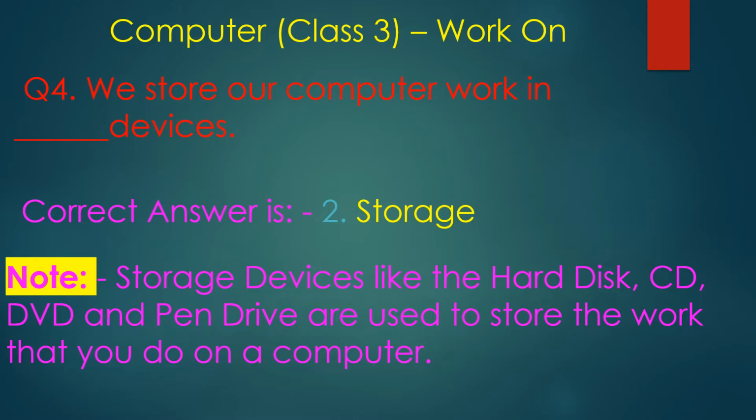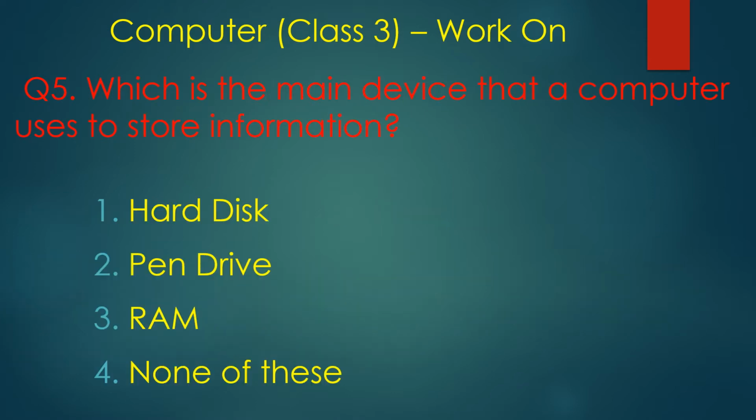This is called a storage device. The hard disk is inside the CPU cabinet, while CD, DVD, pen drive are external storage devices that store the work that you do on a computer.